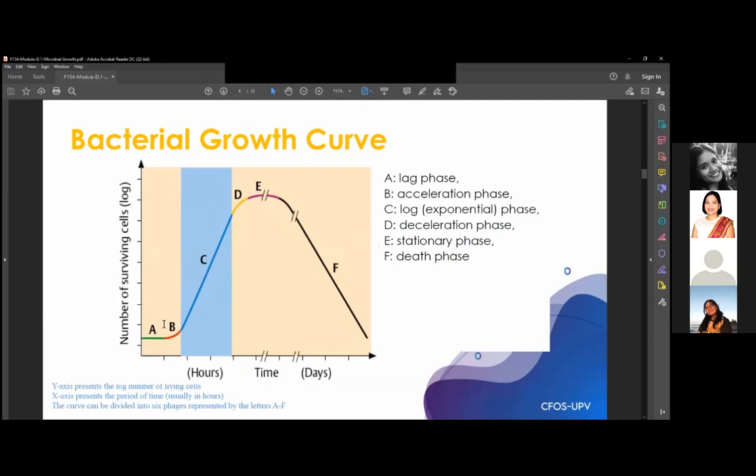So this shows the more detailed graph of bacterial growth. Portion A here shows the lag phase wherein there is no net growth.